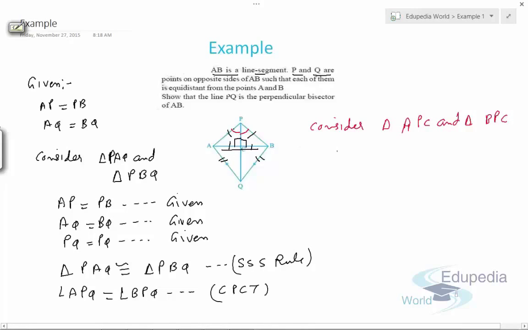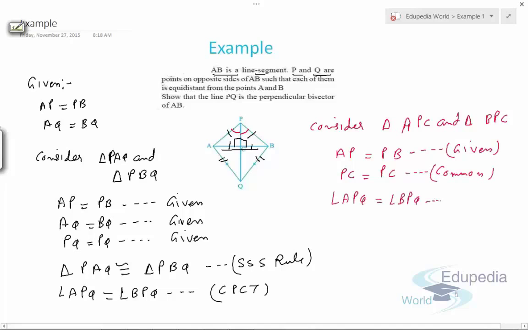We have AP equals PB, which is given, and PC equals PC, which is common. And then we have one included angle, angle APQ equals angle BPQ, which we have proved earlier.